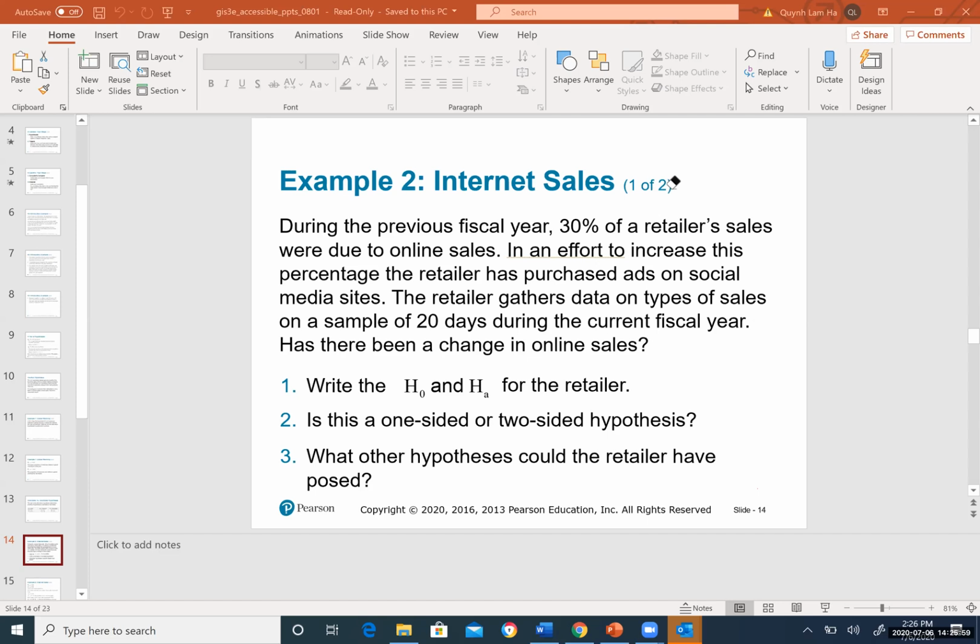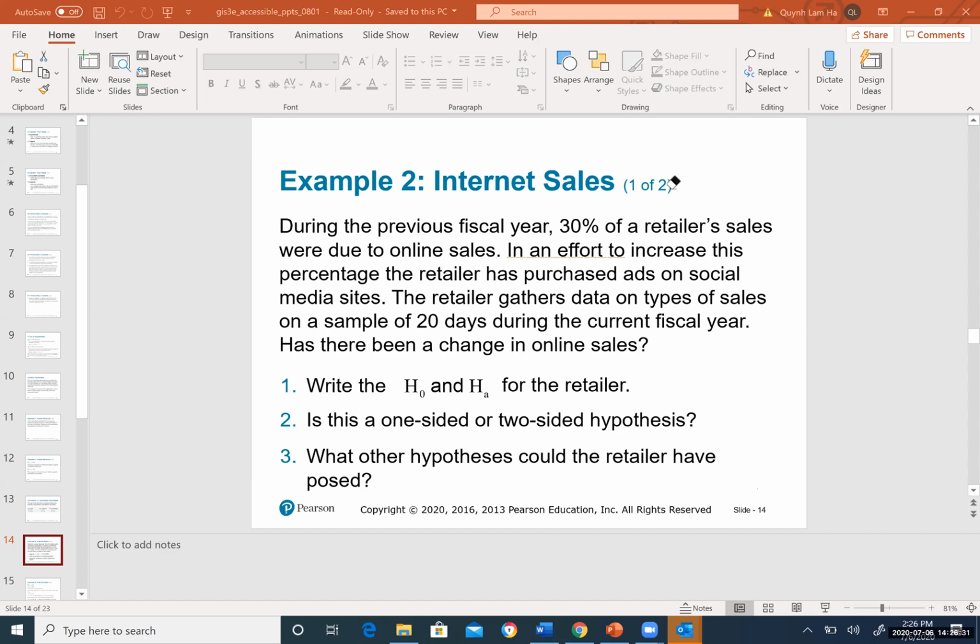The retailer gathers data on types of sales on a sample of 20 days during the current fiscal year. So has there been a change in online sales? Right here you see two pieces of data and some keywords. You have 30% of the retailer's sales in regular fiscal years that were due to online sales.